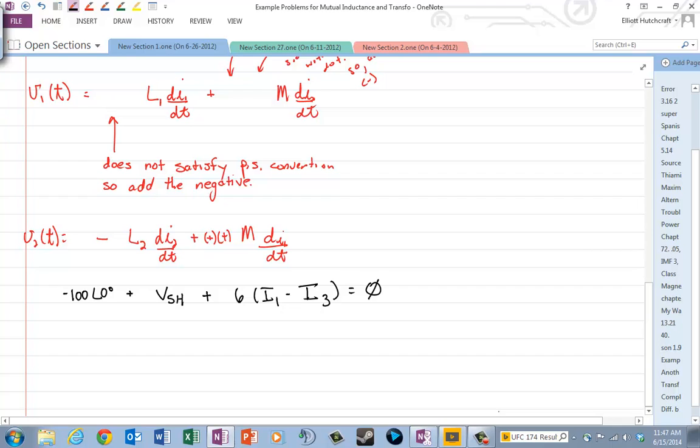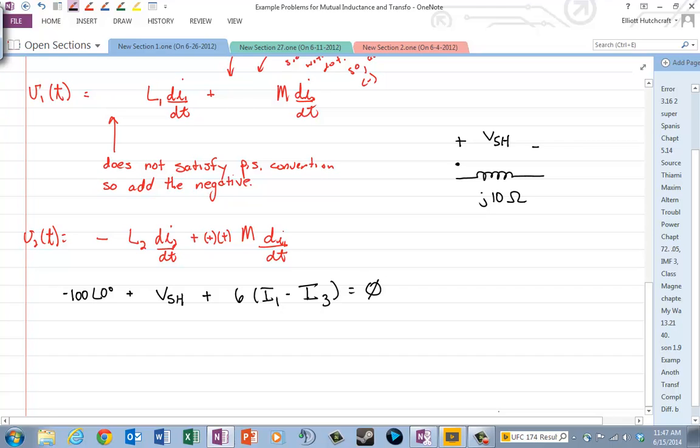And now, what I want to point out is, let's look at that inductance term that we've got here. We are trying to figure out what's going on with this J10 ohm inductance, and we know that I've defined here V5H is right there.